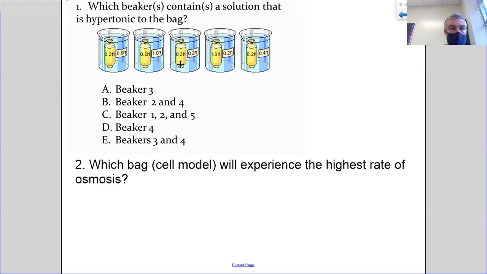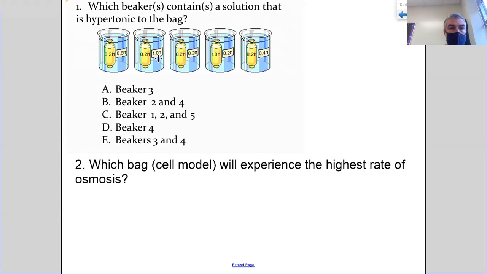Beaker 3 is isotonic. That can't be an answer. Strike it. Beaker 2 and 4. This one's hypotonic, so I can't use that one. So B is not an answer. 1 is hypertonic, but 2 is hypotonic, so that can't be an answer. So I strike C. Beaker 4 for D is hypertonic, so that is a check.